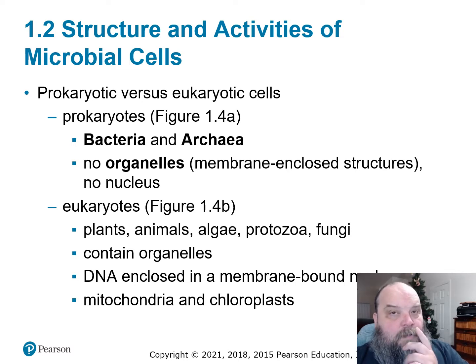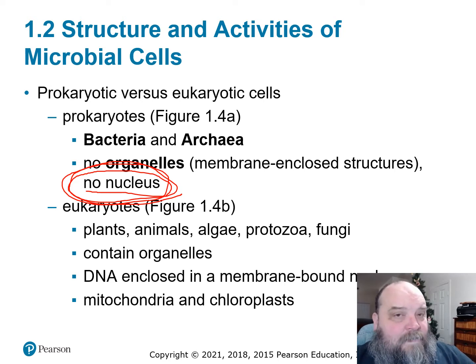But here's the problem with that. In any of my classes, right here is the major difference between a prokaryotic and eukaryotic cell. I can find eukaryotic cells that do not have an ER, do not have a Golgi, do not have lysosomes, but they're pretty much going to have a nucleus.